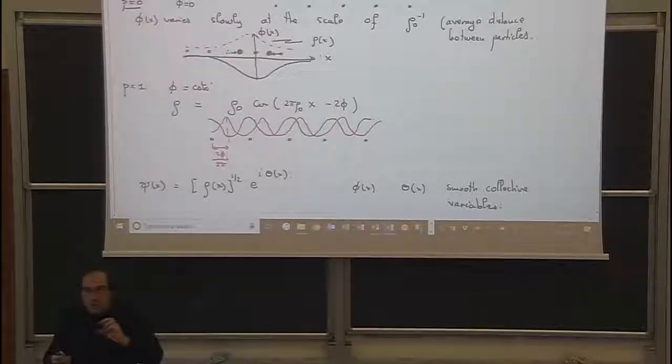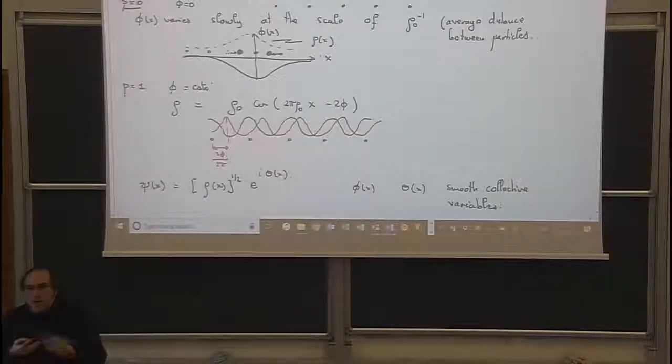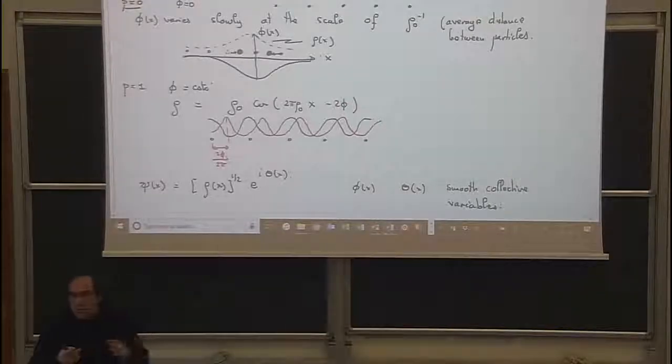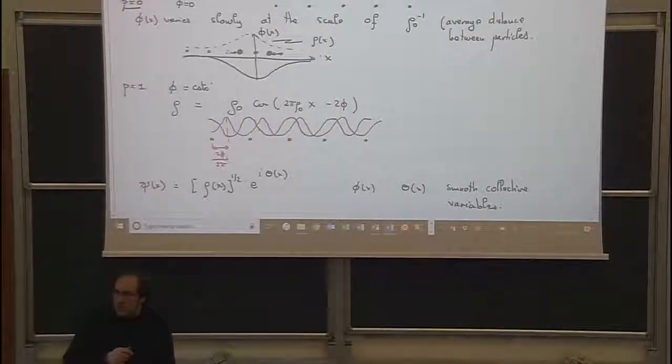If phi is a number, it means I will have a classical and fixed average of the density, which is given by this expression. Of course, phi is an operator. It's something which fluctuates and is driven by a Hamiltonian, which we will write. Whether the density has deviations from the average value, that's another story. We'll discuss it in a moment.